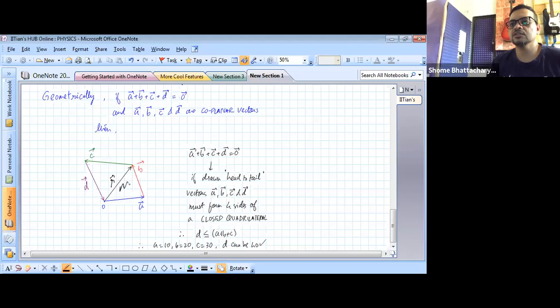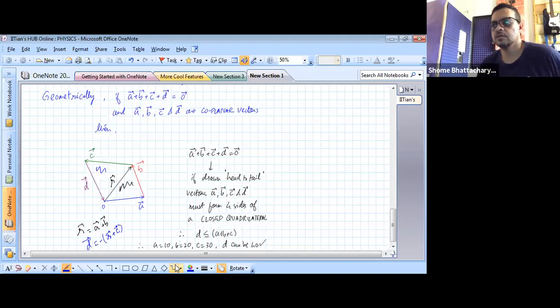We also saw that once there was this triangle, that R is equal to A plus B, and then there was this second triangle, this one, where we said that D is equal to minus of R plus C. We applied triangle inequality twice. So that was also another way of understanding the same question. Okay, so hope this is also clear.